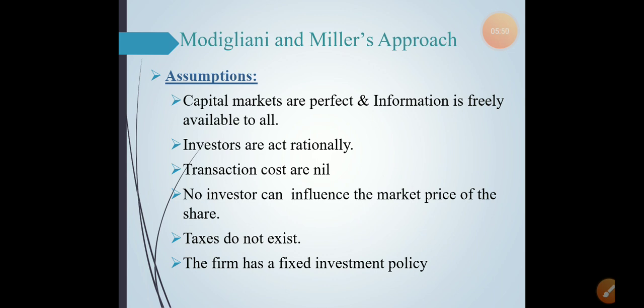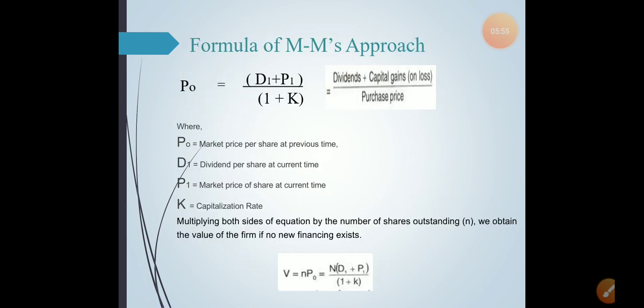If we add both, that divided by the purchase price gives the return. The formula is P0 = (D1 + P1) / (1 + K), which is equal to dividends plus capital gain. Either we are getting dividend or some capital gain or loss, divided by the purchase price. If we multiply it by 100, we get a return.